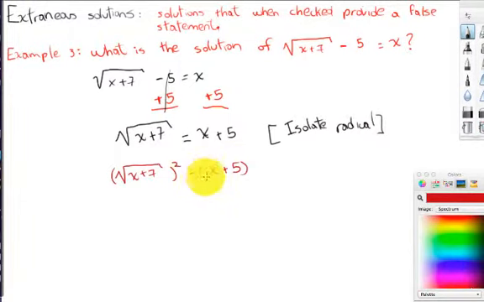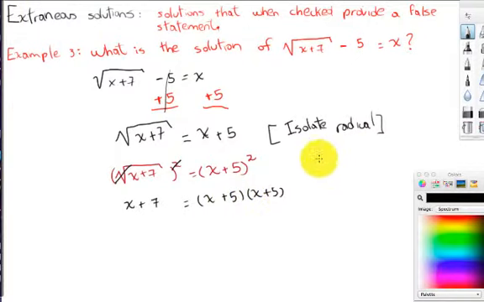Notice that we have to raise all of the right-hand side to the power of 2. Over here, things become very easy because I know that this exponent and this index cancel out, so I'm left with x plus 7. Over here, however, I have x plus 5 times x plus 5, because that's what that means.